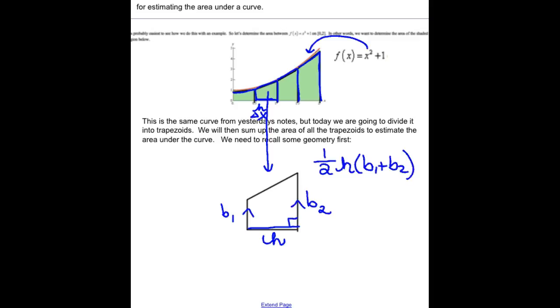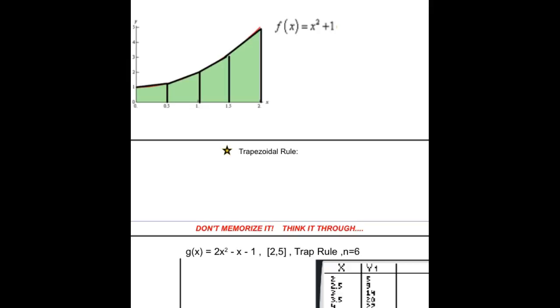So if I were to find the area of each of those trapezoids, for every one I'd have to do 1/2 of the height times the sum of the bases, which I'm going to do right here. So let's estimate the area of this green shaded region under the parabola y equals x squared plus 1.